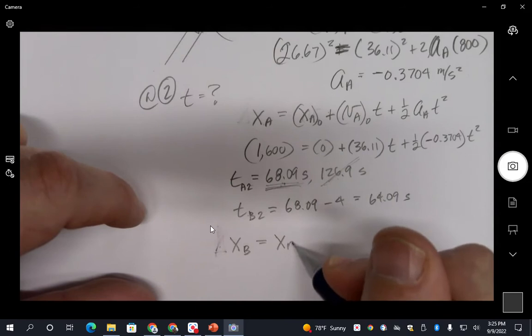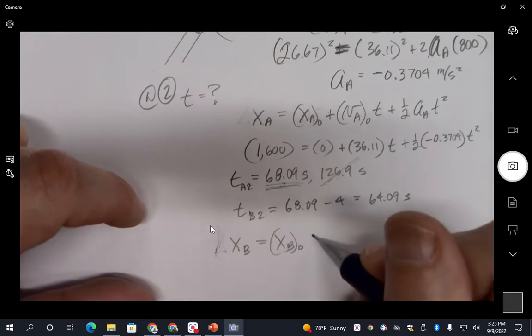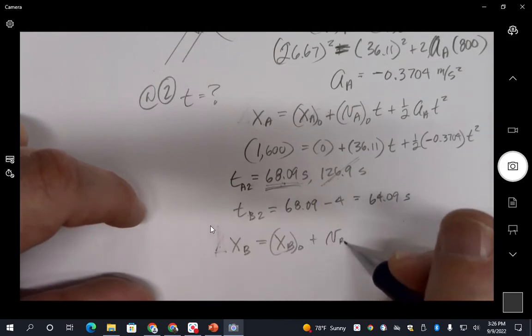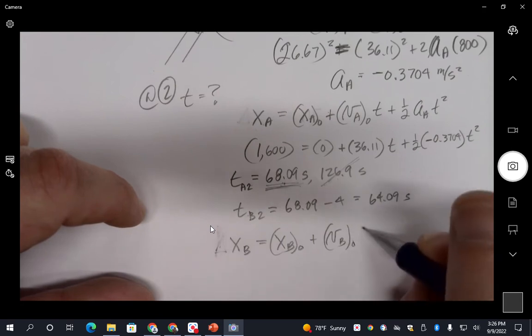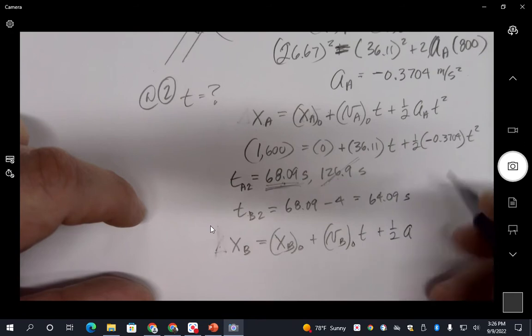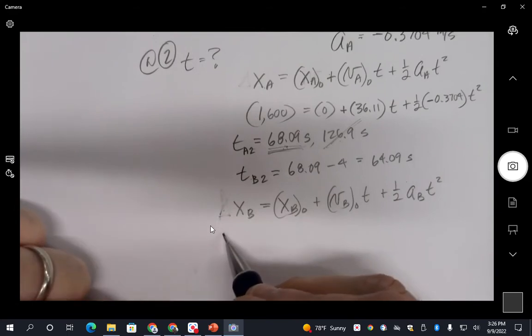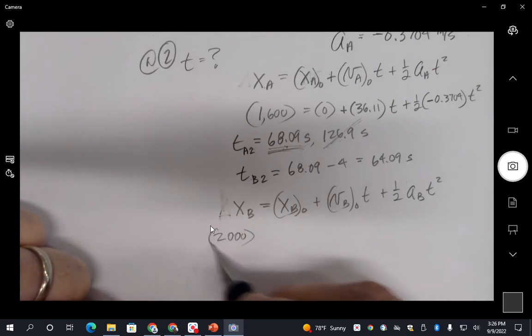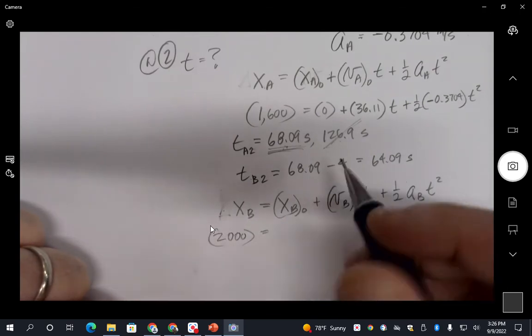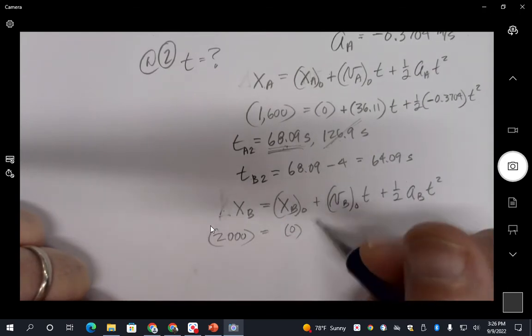We'll say xb, where he starts, plus vbo, where he started, plus 1/2 acceleration of b times t squared. So he's going to be traveling, what, 2,000 meters? Because he was two kilometers away. Let's take that as 0.